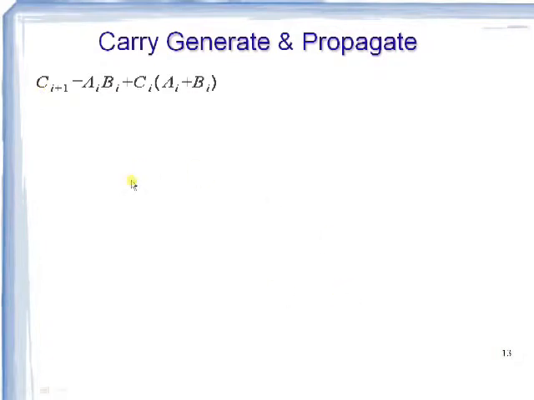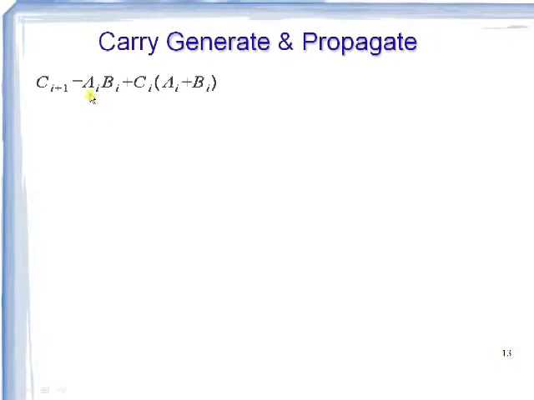Here, the starting would be the 0th stage and the ending would be the n minus 1 stage. So C1 depends on the A and B inputs as well as the carry in of the 0th stage.